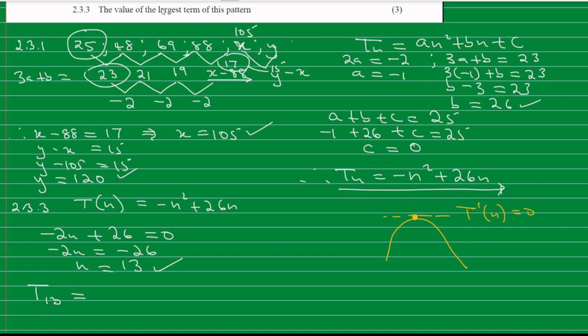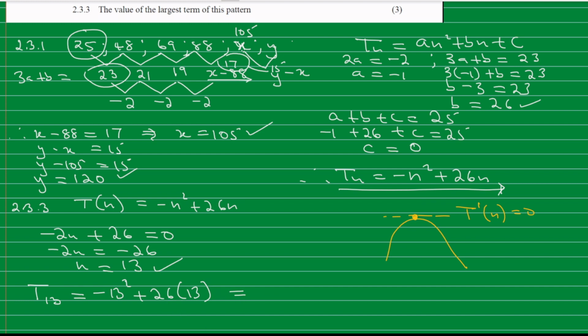So what is the value of that term? We are going to use the equation here. T13, substitute there, that will give us -13 squared plus 26 by 13.